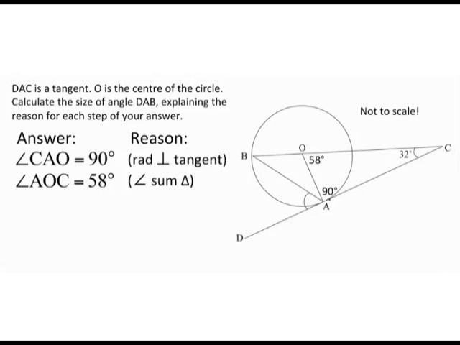Next, we can note that BOC is a straight line at O. It forms an angle of 180 degrees at O. We already have 58 degrees, and so the remaining angle is 122 degrees. So angle AOB is equal to 122 degrees because they make angles on a straight line.